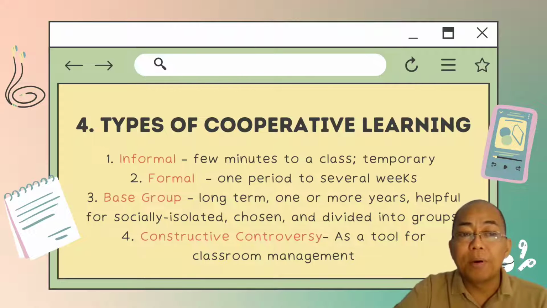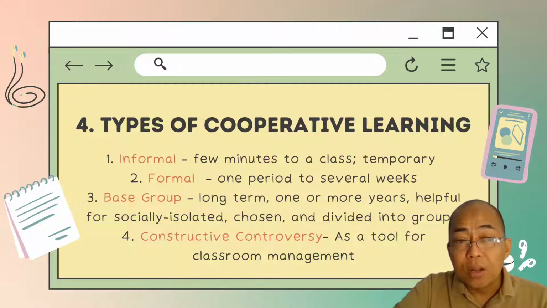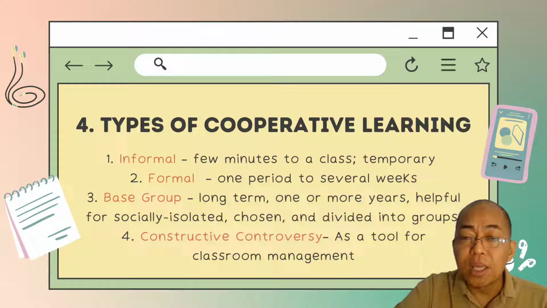And finally, number four, constructive controversy. Unlike the informal, the formal, and the base group or home group, it is only organized whenever there is a very controversial issue that needs to be resolved.